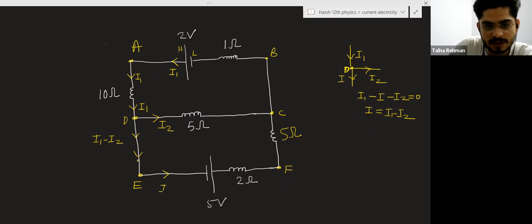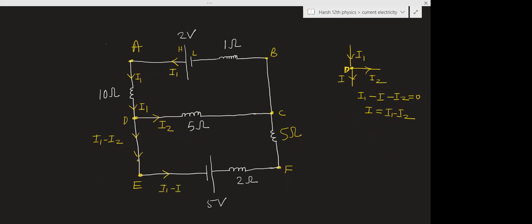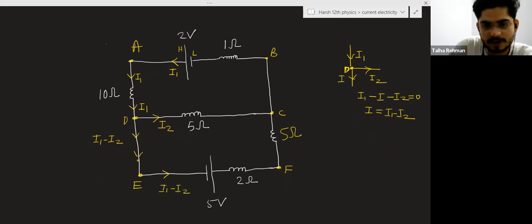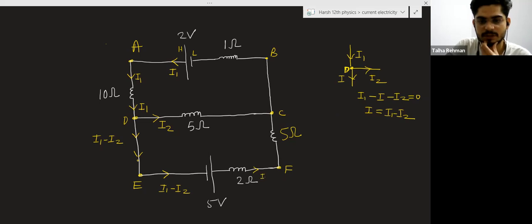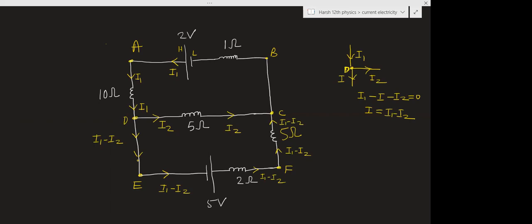Means here the current is I1 minus I2, and here also the current will be the same in this direction, I1 minus I2. In this resistance, the current is I1 minus I2. And here also the current is I2. And here what is the current? I1 minus I2.